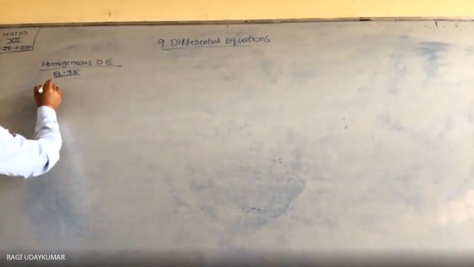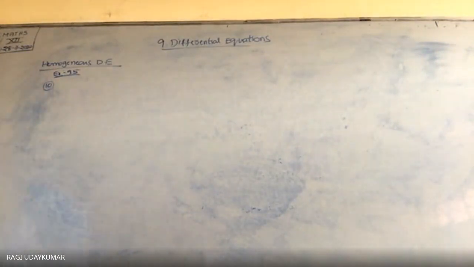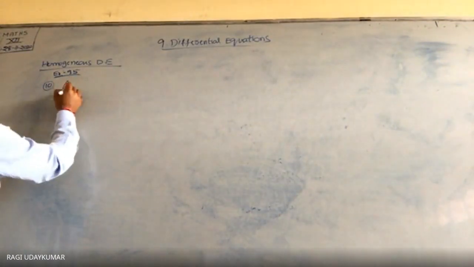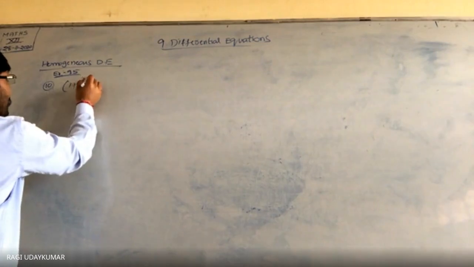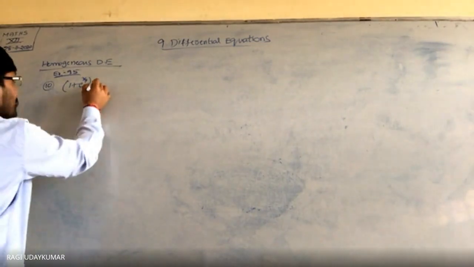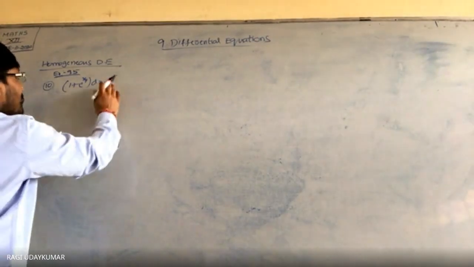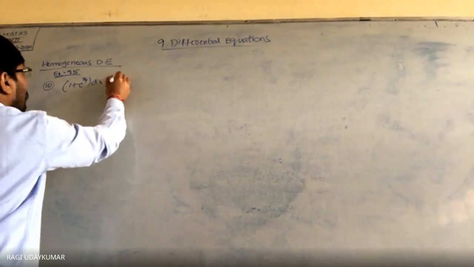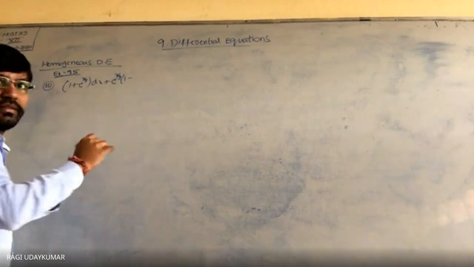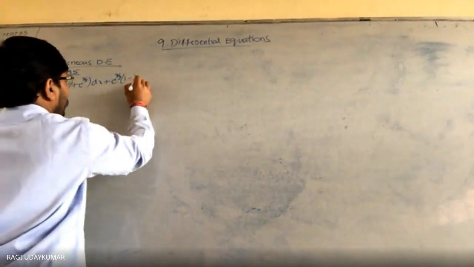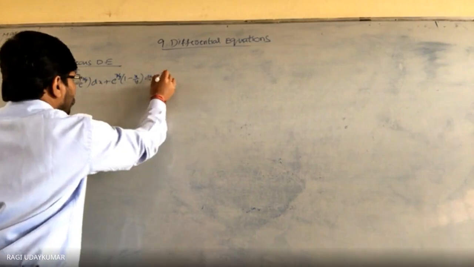So what is the question given here in the 10th question? 1 plus e power x by y into dx plus e power x by y into 1 minus x by y dy is equal to 0.